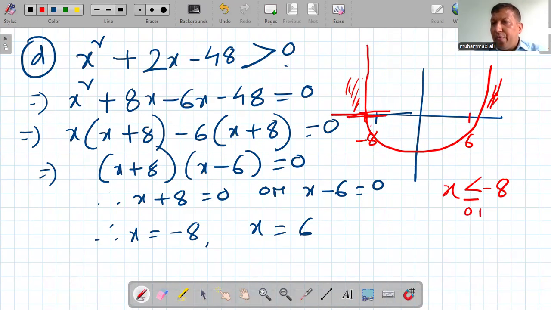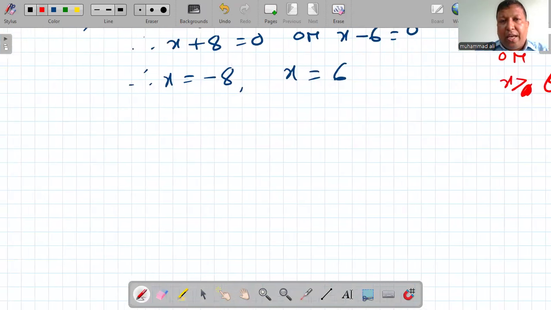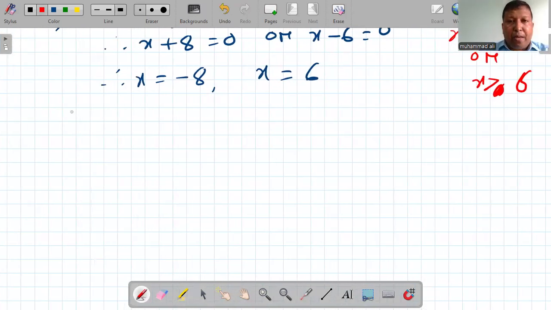Or when x is greater than 6. Now we have to write only the strict inequality, not the equal sign, because here they didn't want the equal sign, because it's given only greater. So we just write x less than minus 8 or x greater than 6. Question number D completed.